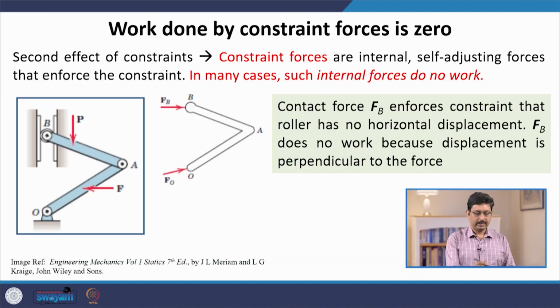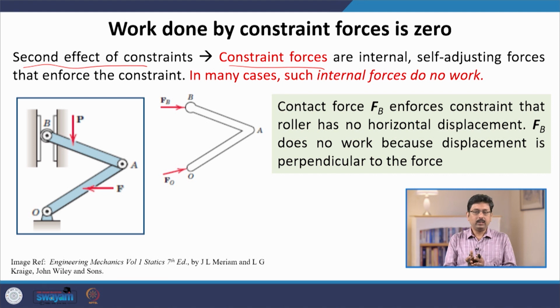Now, the second effect of constraints, which is what leads to our principle of virtual work, is that the constraint forces are unknown, and in these situations we want to get rid of them; we are not interested in calculating the unknown forces.